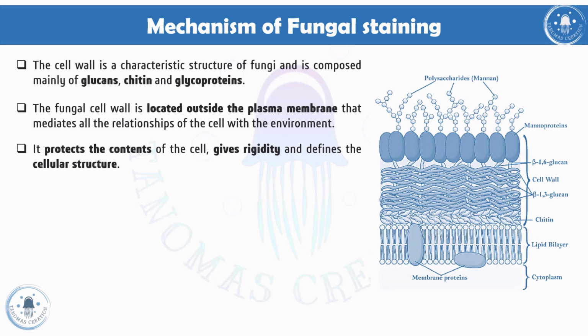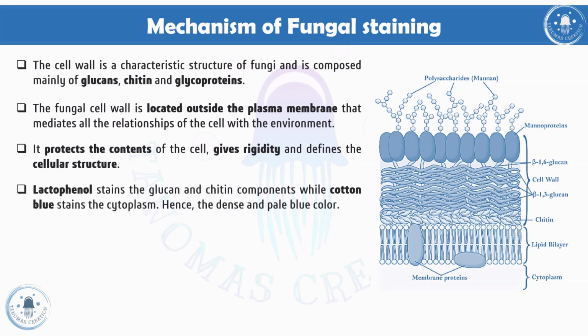Okay. Now this lactophenol cotton blue solution, what it does, the lactophenol stains the glucan and the chitin components, while the cotton blue stains the cytoplasm. Lactophenol stains the glucan and chitin components, and these have a very strong network together.